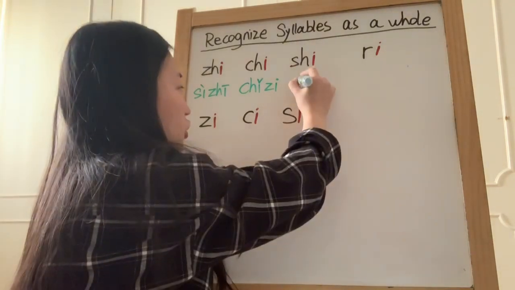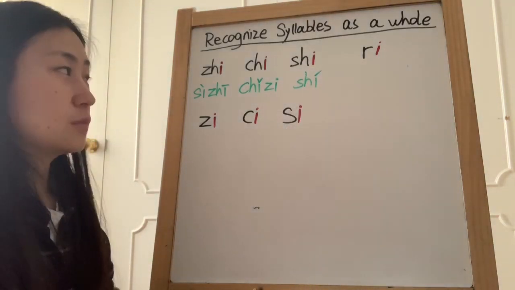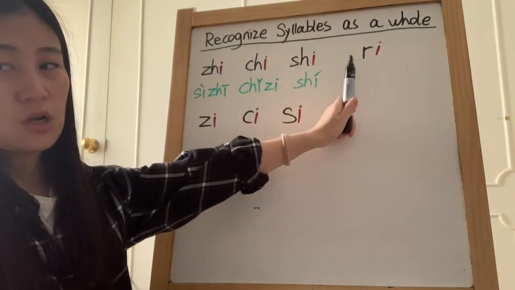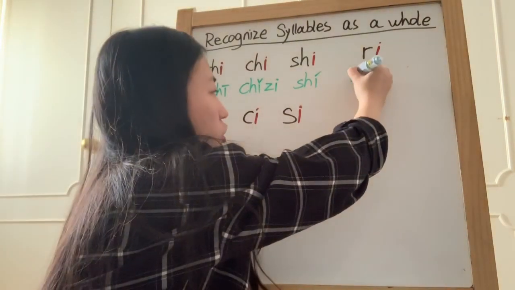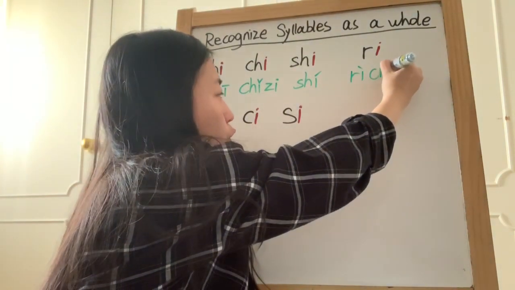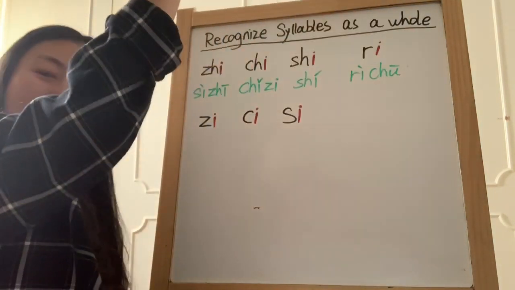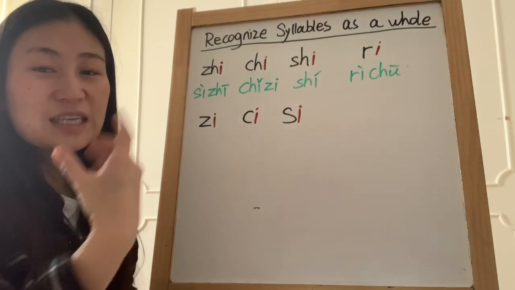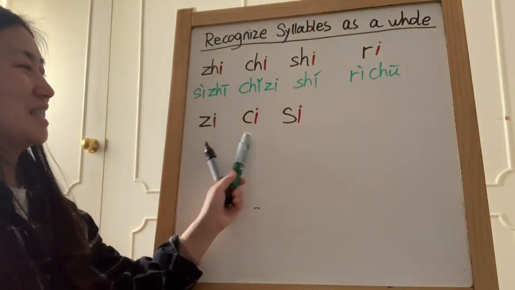Yes. 日, one word, new words. 日出, the sunrise. When the sun comes out in the morning from the east, it is 日出. Okay? 滋滋滋.